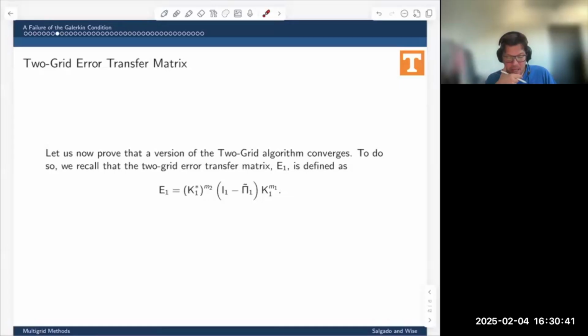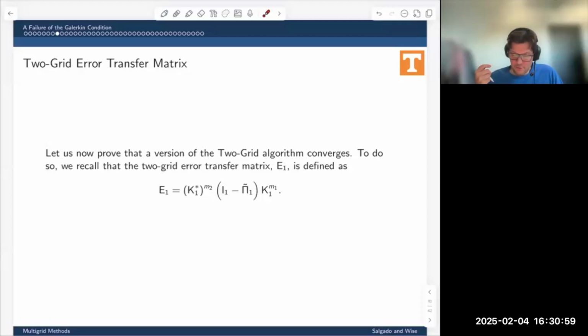All right, so now let's prove that a version of our two-grid algorithm converges. And to do so, I first need to recall, well, what is the error transfer matrix for the two-grid algorithm?